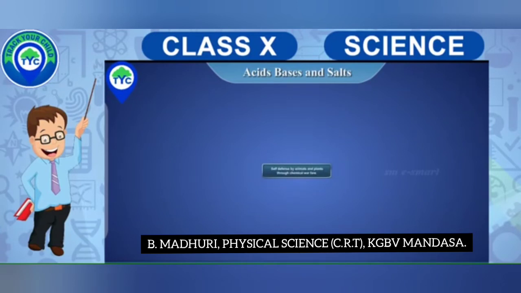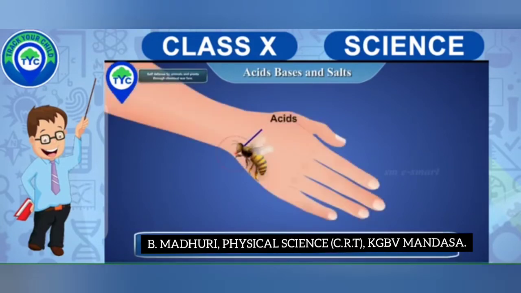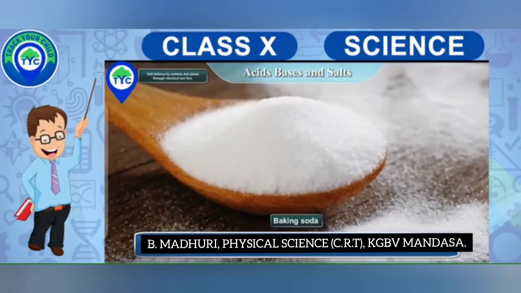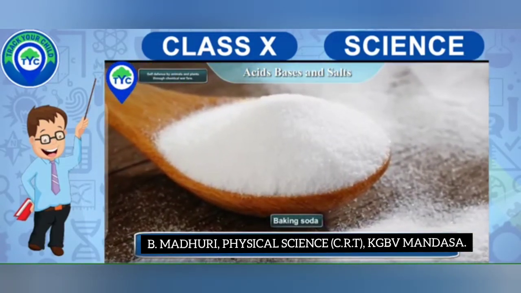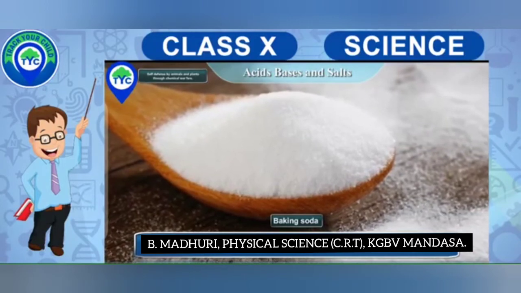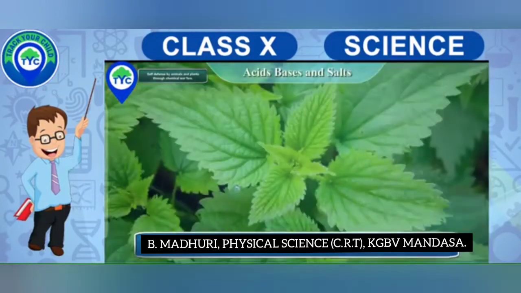Self-defense by animals and plants through chemical warfare. A bee sting leaves an acid which causes pain and irritation. Use of a mild base like baking soda on the sting area gives relief.